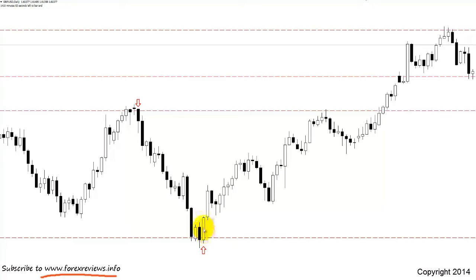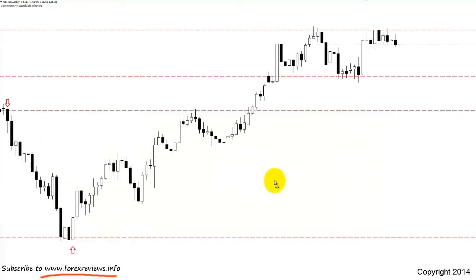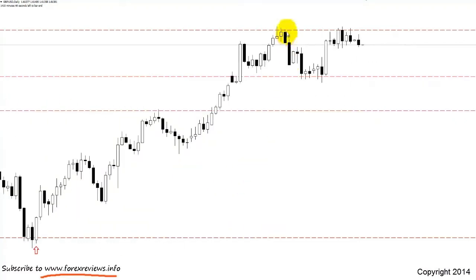And here you go, here's a signal. The signal we're looking for. Bullish engulfing, price goes up. Bearish engulfing, price goes down. Structure, bearish engulfing, price goes down. Let's move on to the next pair.